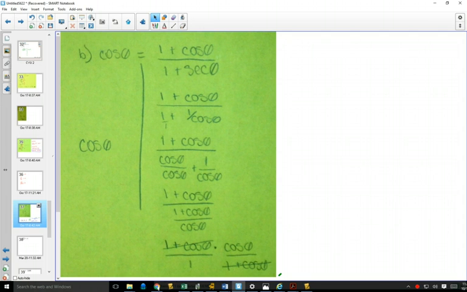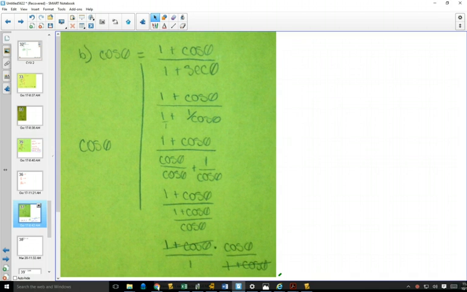So in this one, change the secant to 1 over cos. Well, now I have fractions inside of fractions. I want to get a single fraction on the top and a single fraction on the bottom. So on the bottom, they put things together to get 1 plus cos theta over cos theta. And what I like about this question is that sometimes the top throws people off, because it's 2 things.